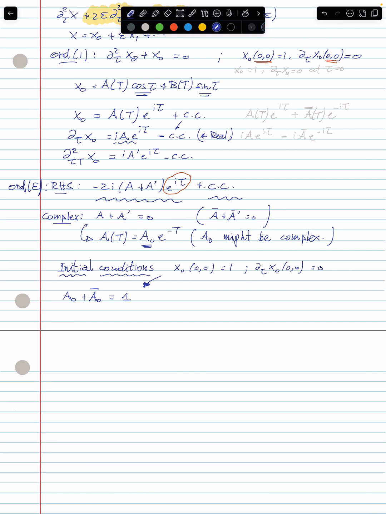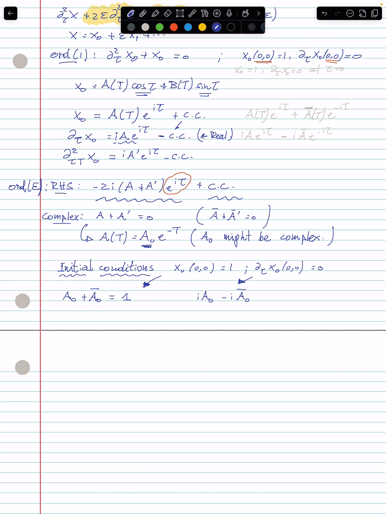And the second equation here, first derivative with respect to tau, that's an expression we have over there, plus the complex conjugate of this, or minus the conjugate, minus the derivative of that term. So what we have here is a0, exponential 0, so that's 1, minus I multiplied by a0 conjugate.